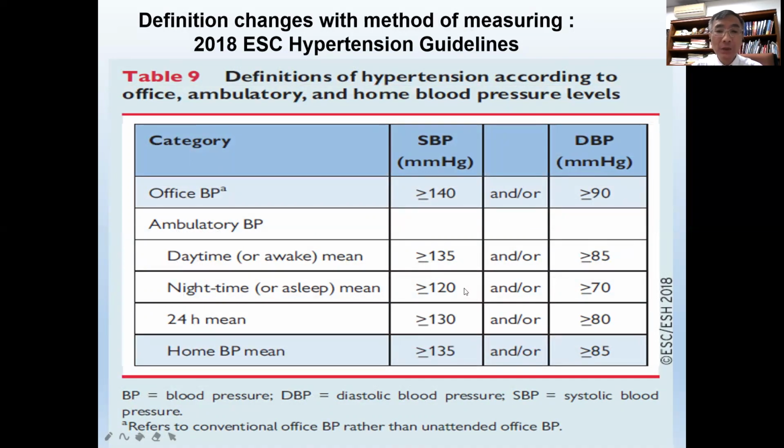For example, if you measure only blood pressure during the sleeping hours, then anything above 120 by 70 is considered abnormal, while the average of a 24-hour recording above 130 by 80 is abnormal. And if the patient measures the blood pressure himself at home, then the abnormality starts above 135/85.